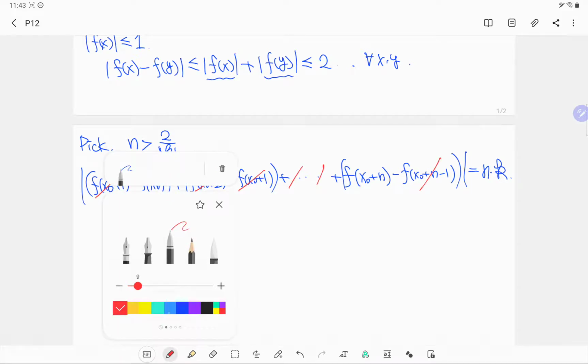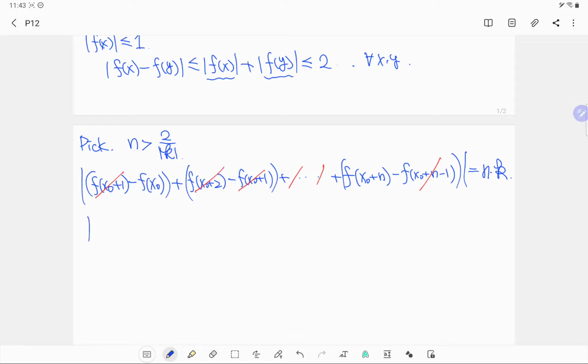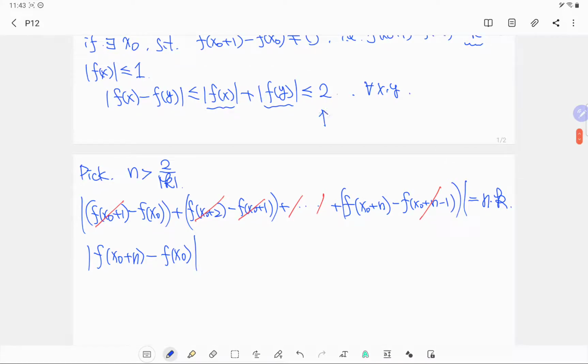So this is actually equal to f of x sub 0 plus n minus f of x sub 0. And referring back to here, we should have this is smaller or equal to 2.